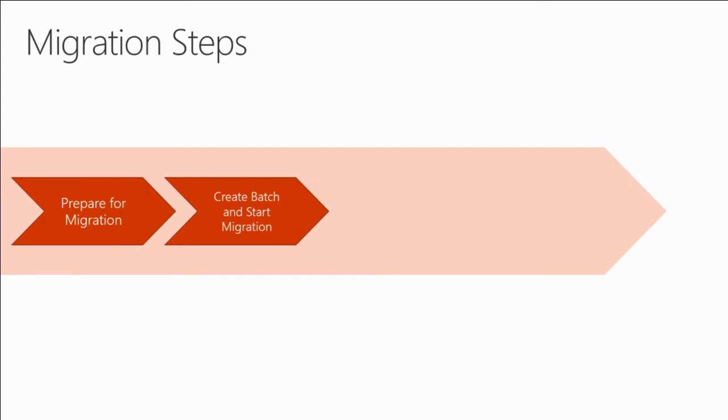Once your batch has moved to the completed state, you can move to the next step, which is to add members. We are giving you a script which will help you migrate your users from public folders to the group. What this script does is it looks at your permissions and then figures out which user needs to be given which permission in the group mailbox, and it assigns those permissions automatically.